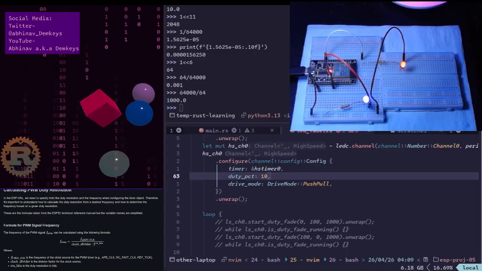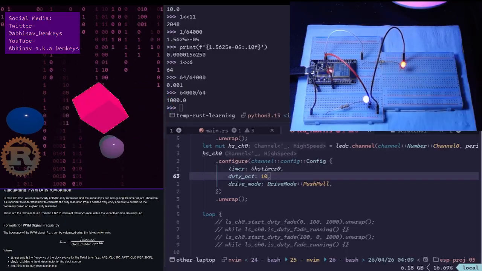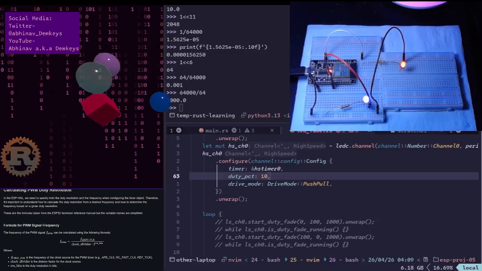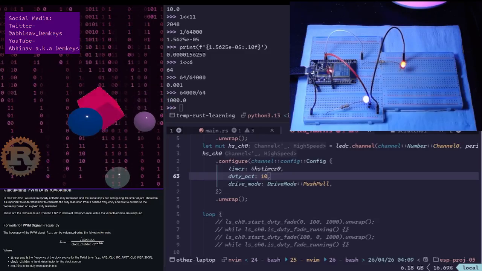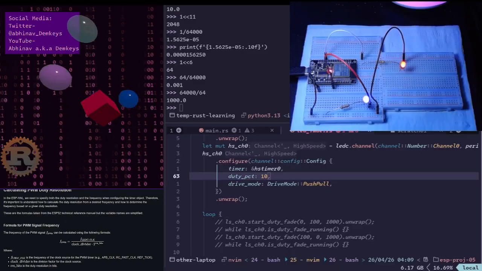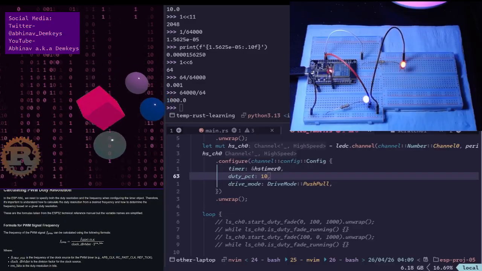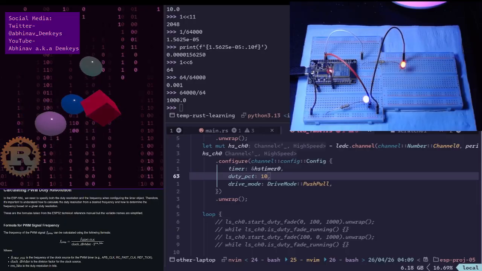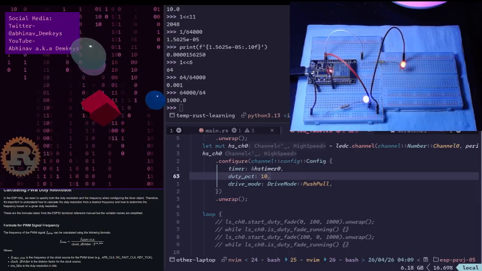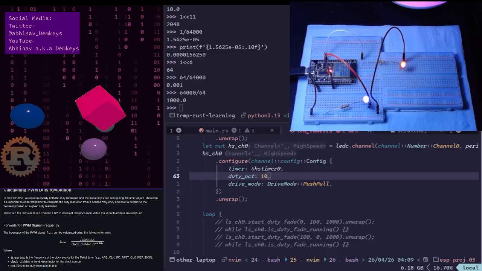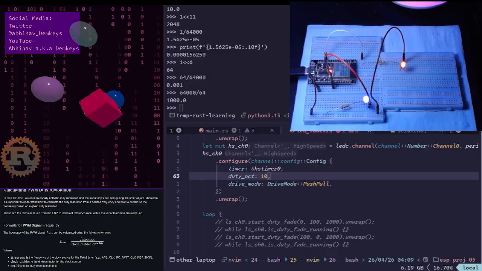Okay, so the period, that's our total. That's the total time it takes for the signal to complete one full cycle. So that's one period. Okay, I get that. Then the duty cycle is the ratio or percentage of that period.